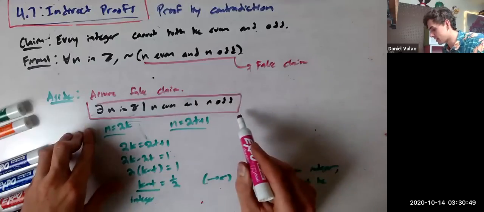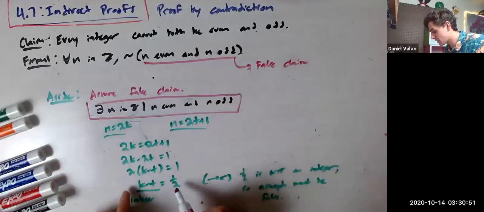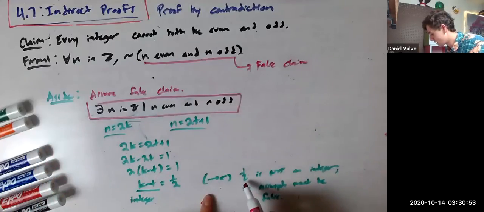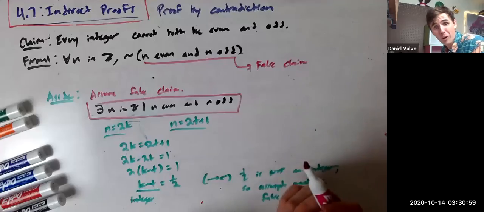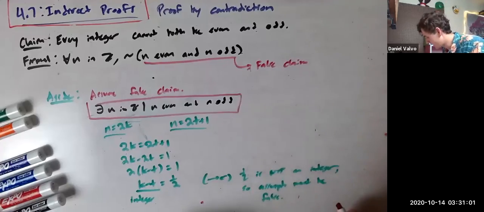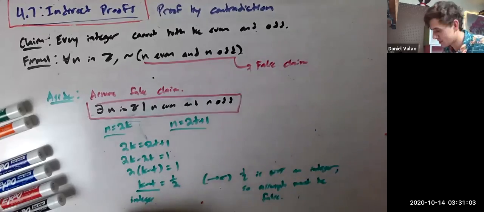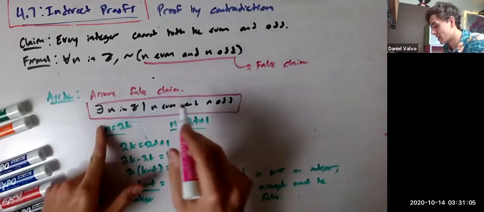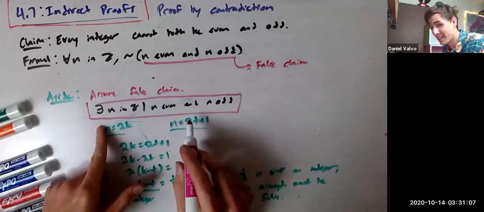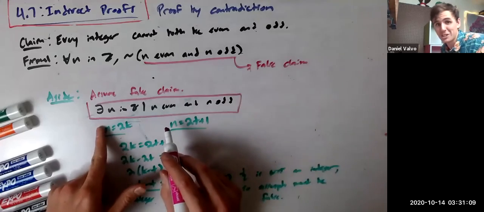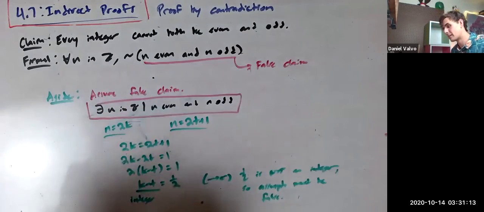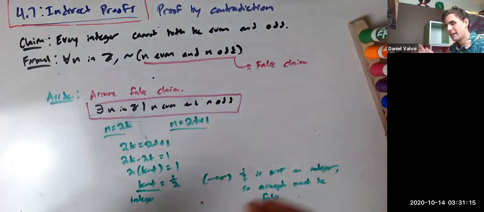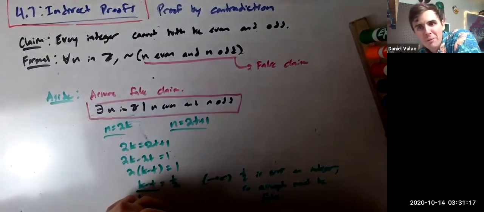Assume the negation, and then show the negation logically leads to something false. Therefore, by contradiction, the assumption must have been false. So this negation must be false, meaning the negation of the negation is true. So for all n in Z, n can't be even and odd. We'll write that formal proof up next time.